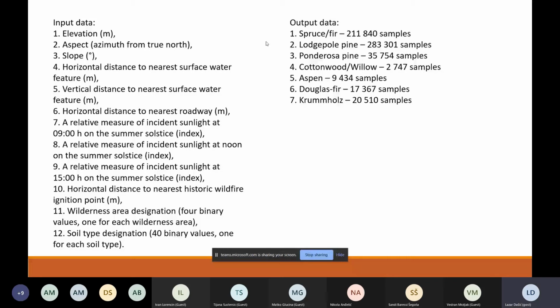Now, the choosing of the right hyperparameters is significantly easier because we know what we need to accomplish. So the input parameters that are marked with numbers from 1 to 10 are all in integer form, but they're on different scales. You can see that some use meters, some use degrees, some use indexes, and data that is not normalized is usually not giving good results.